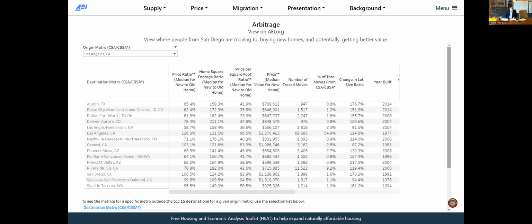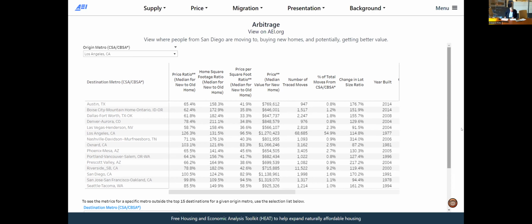And so you'll see the movers within LA County bought a house that was 26% more expensive than the one they sold, and they got about 31% more square footage. So the price per square foot actually went down a little bit, but they were buying a bigger house, much more square footage. Those are the ones moving intra LA County.